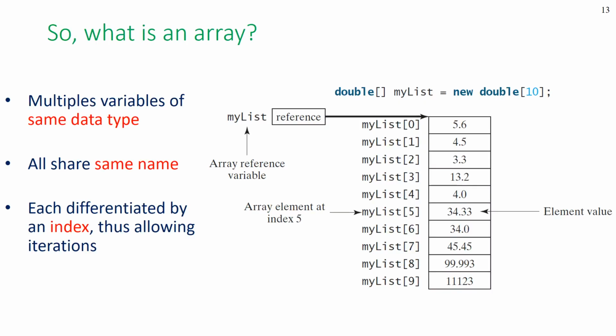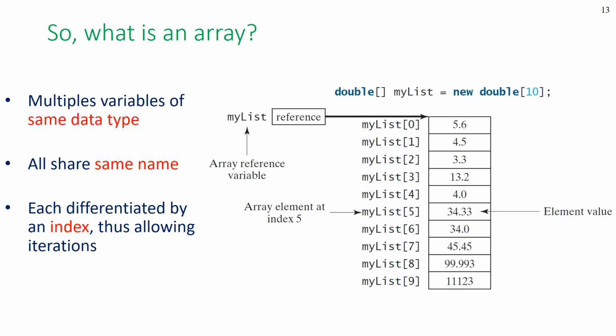So if you want to visualize an array in your head, or you need to draw a diagram on paper, etc., I recommend you do it like that. This is a no-lie type of diagram, meaning that it's not too much of an oversimplification of what's actually happening in memory. The only thing that's missing here is I should say that this variable is going to be on the stack, this object is going to be on the heap.